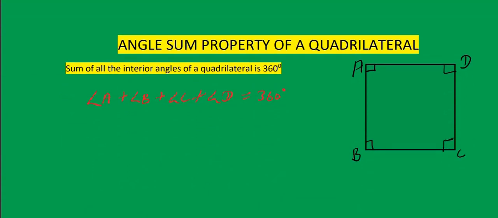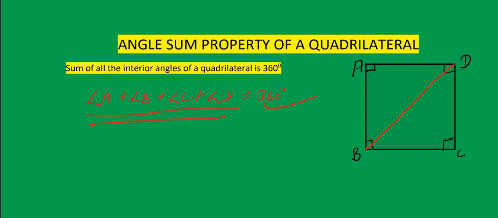Now we are going to talk about the angle sum property of a quadrilateral. A quadrilateral has four sides and four angles. So the sum of all the interior angles of a quadrilateral is 360 degrees. If a proof is required, what we will do is draw any one diagonal. So I am going to join BD.